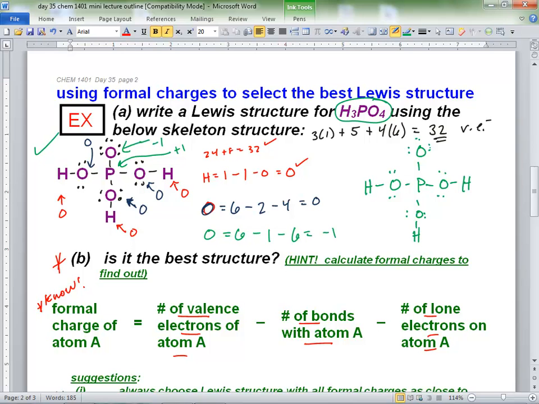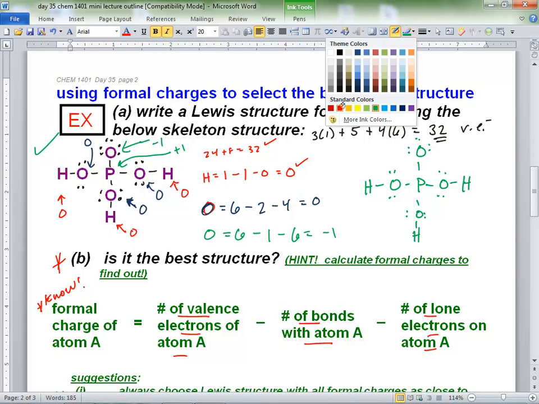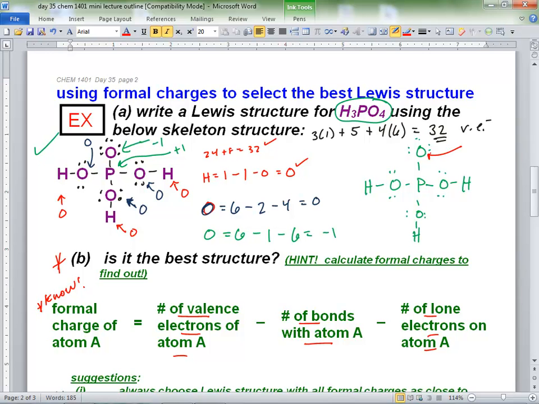Okay, that's where we were at. So since the guys who have zeros, don't mess with them. Leave them alone. So we just have to mess with the 2 that don't have 0 formal charge. That oxygen and that phosphorus. So probably just do what? Yeah, move one of those, make a double bond.